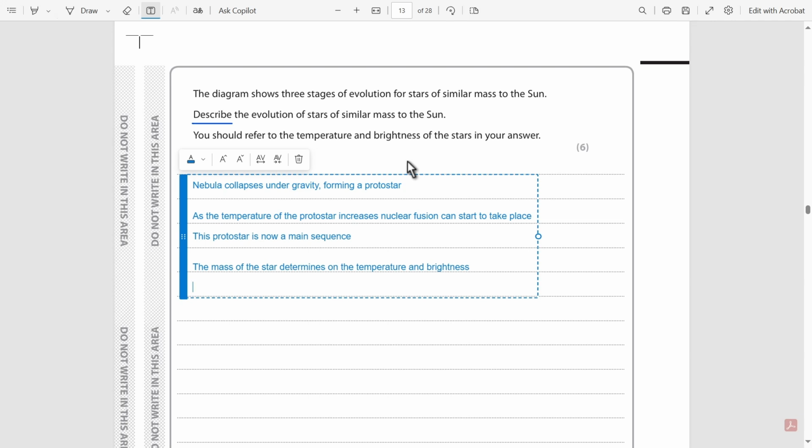And then once the hydrogen nuclei fuel runs out, the star enlarges and becomes a red giant.